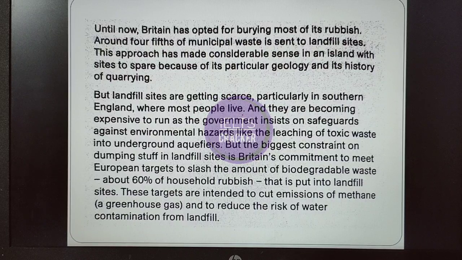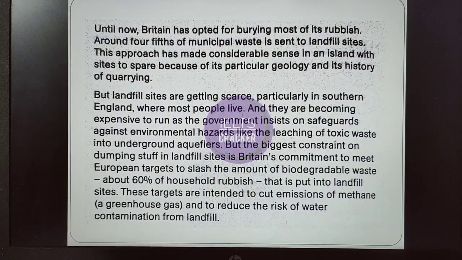So till now what we have read, guys, that Britain has selected burying as a method to dispose of its waste, and they have mentioned the proportion too, you can see that is 4/5. But because of this, it has led to decline in sites because they are using those sites for what? For burying the rubbish.